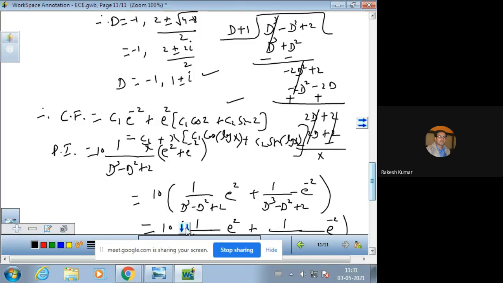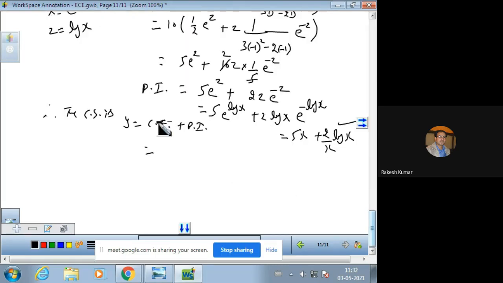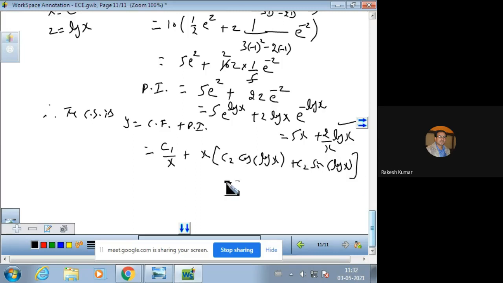Now you can write down the complete solution. So the complete solution will be y is equal to complementary function plus particular integral. So c1 over x plus x, c2 cos of log of x plus c2 sin of log of x, plus the particular integral 5x plus 2 upon x log of x.